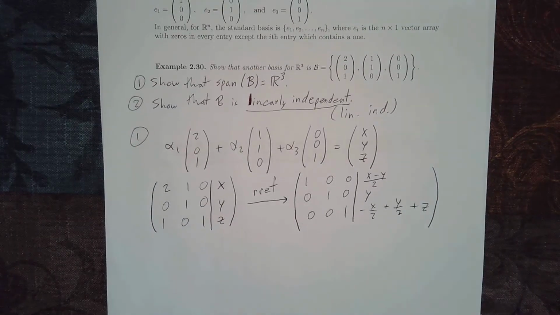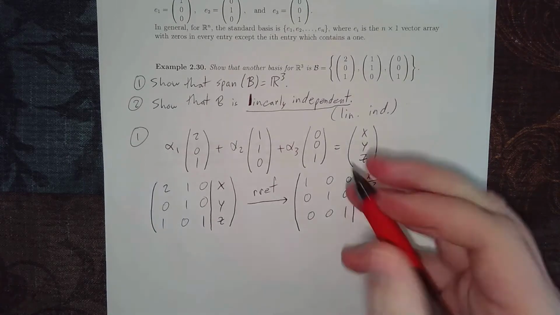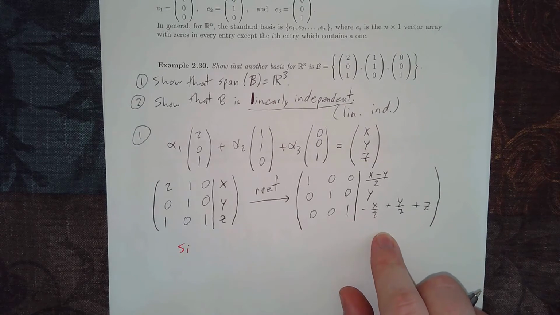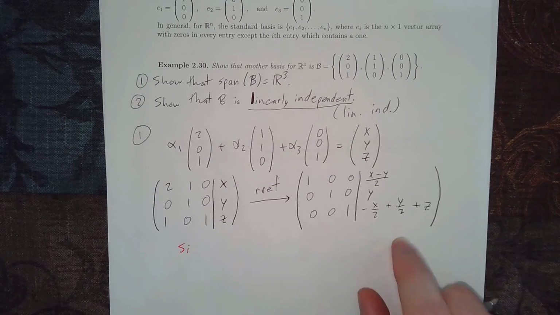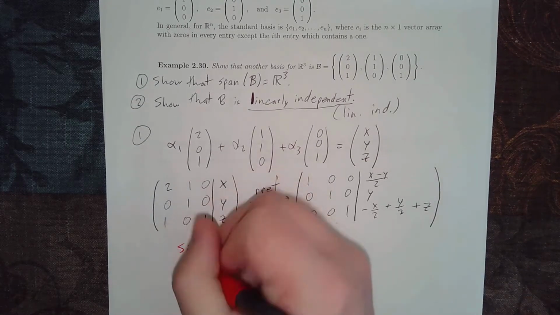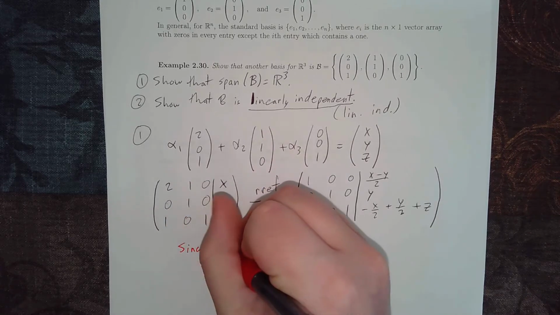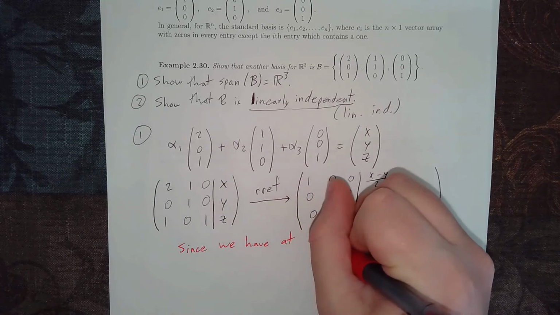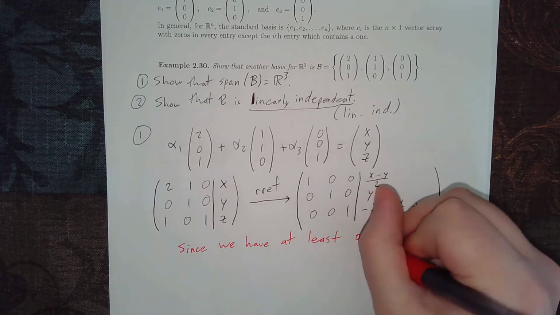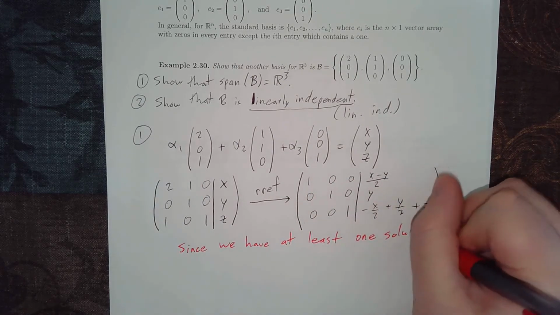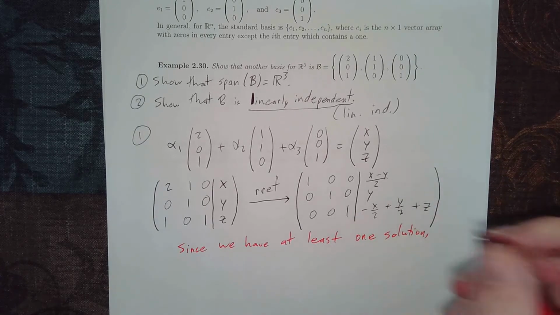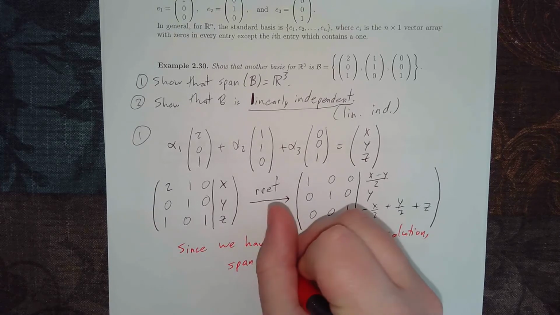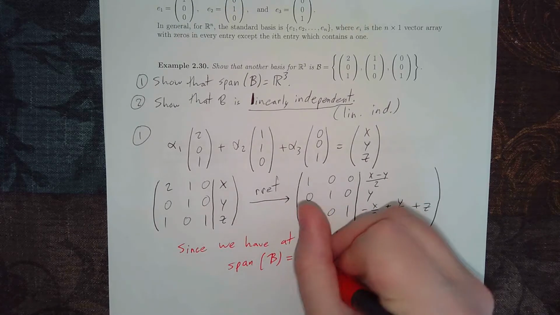So here, how many solutions did we get? If you answered 1, that would be correct. So since we have at least one solution, the span of B is equal to R3.